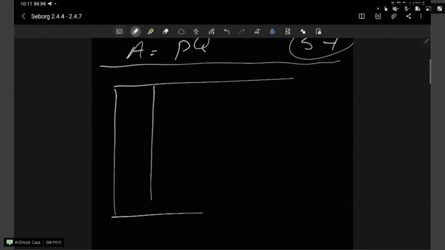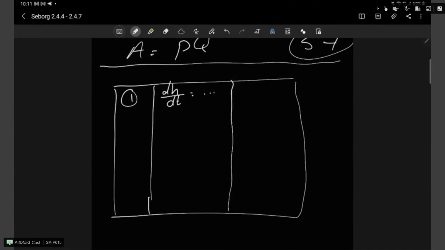Number your equations, write the equation. So after you've derived all your equations, then you can say, okay, so I have that one equals blah, blah, blah. In the next column, you can indicate your variables. You indicate your parameters.